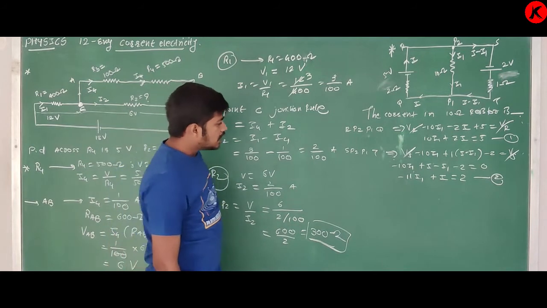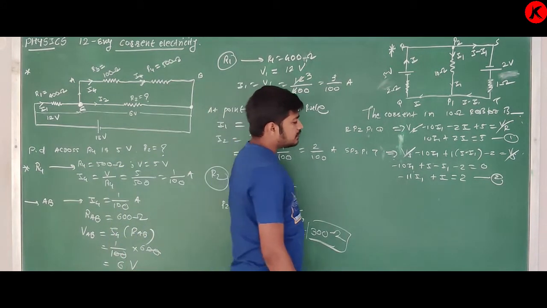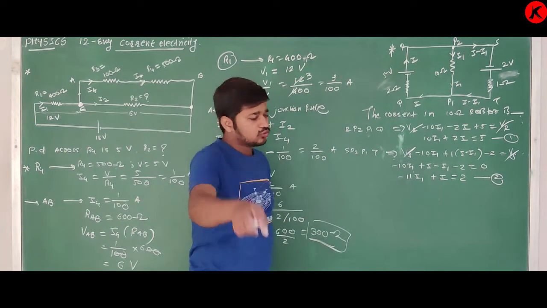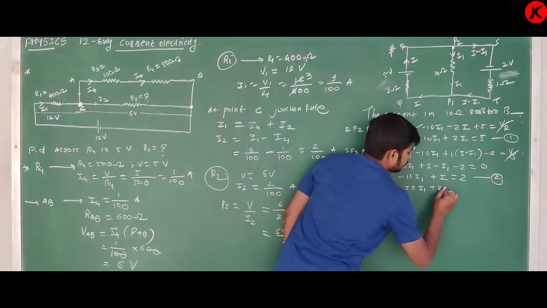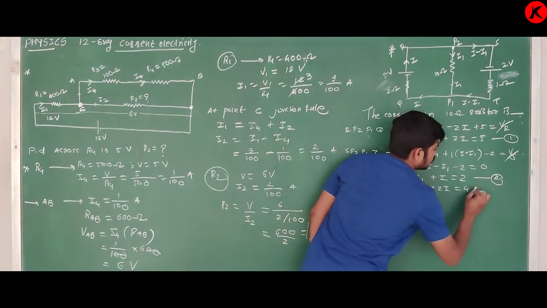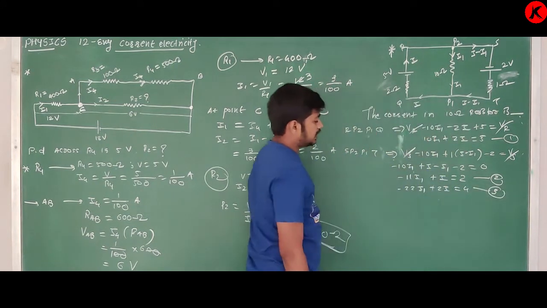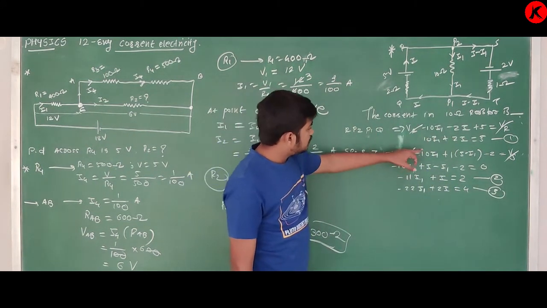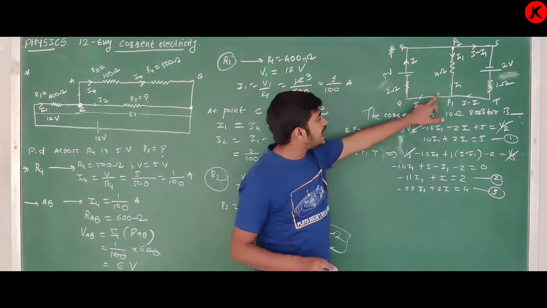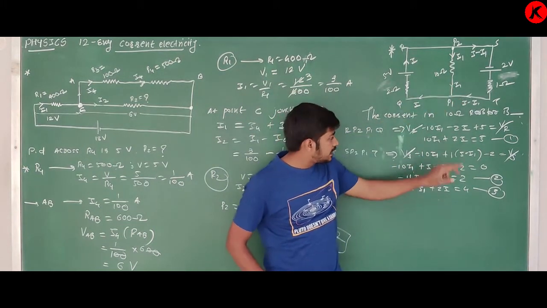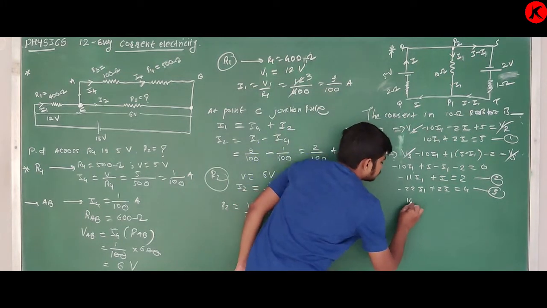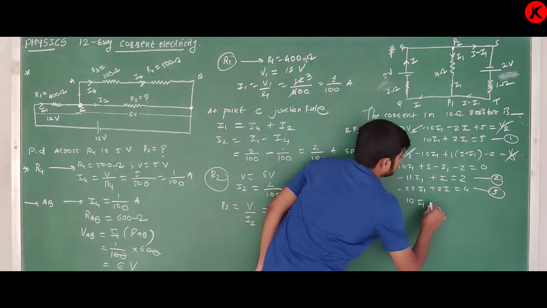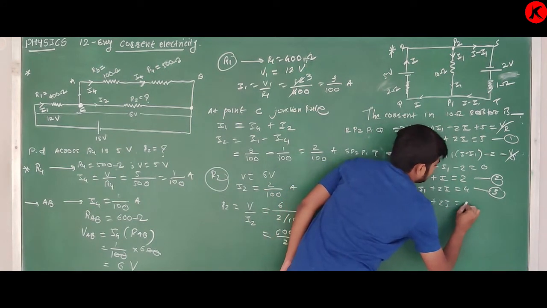Now, if I multiply this equation by 2, then minus 22 I1 plus 2I is equal to 4. Equation number 3. You have to find I1, so you have to eliminate I. Here it is 2I, so you have to take the subtraction. Equation 1 is 10 I1 plus 2I is equal to 5.